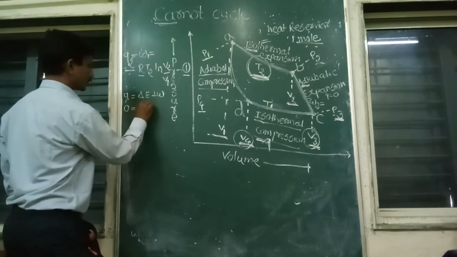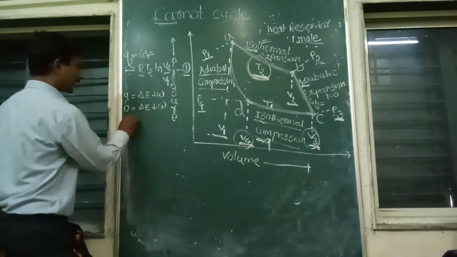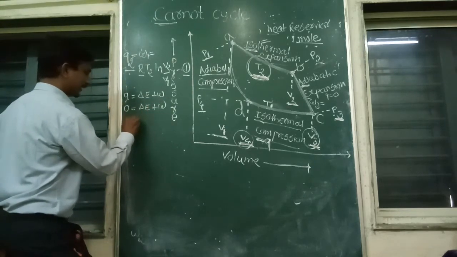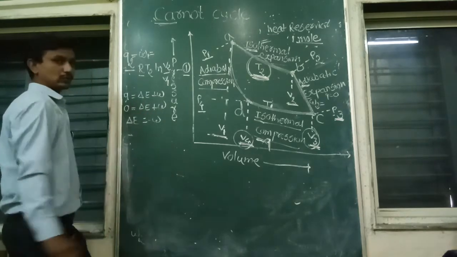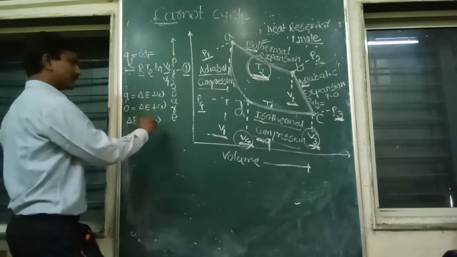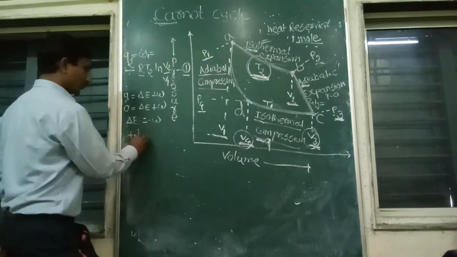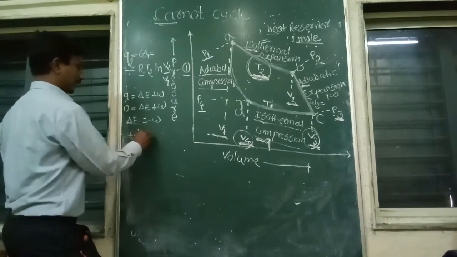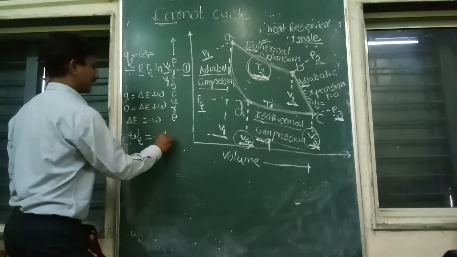Therefore, 0 is equal to delta E plus W. We can write this equation as delta E is equal to minus W. So work done during this process will be W2 is equal to minus delta E.